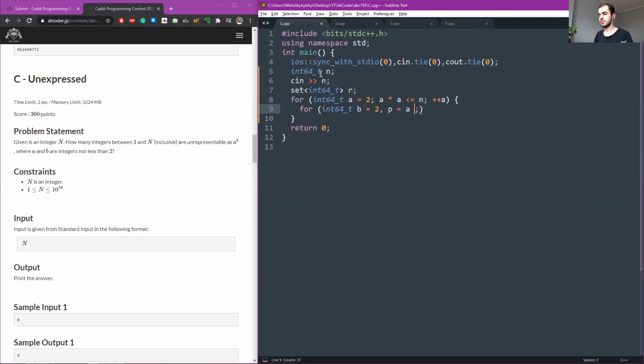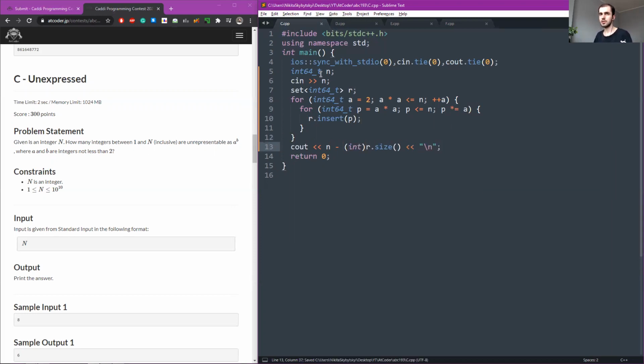Well, b is actually not important, if you think about it carefully. You have a loop like that. It loops over all powers and inserts powers. Now, all you want to print is n minus size, I believe. Well, let's cast it to int just in case.